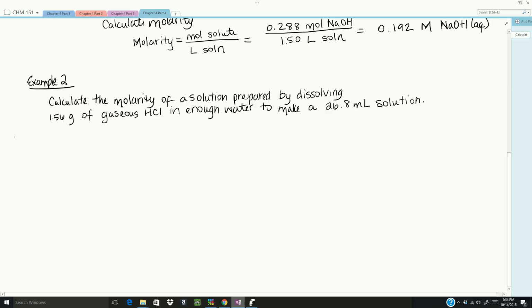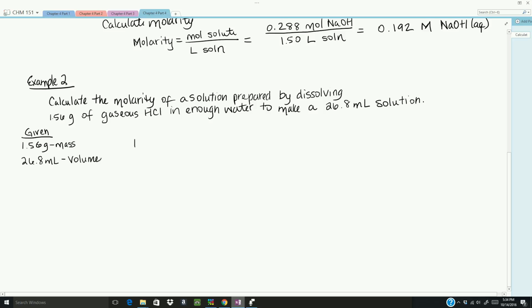Okay, so again, let's look at what we were given. That really tells you a lot about how you're going to solve the problem. We're given the mass of HCl, 1.56 grams, and then we're given 26.8 milliliters as the volume.